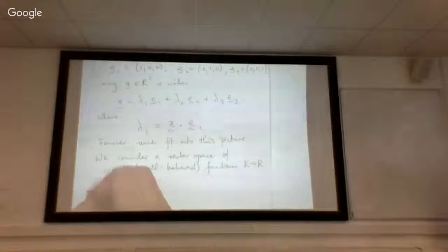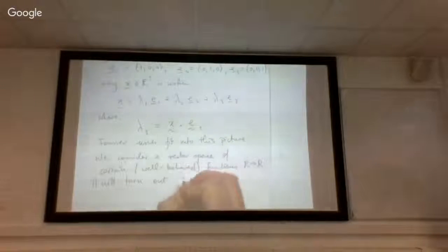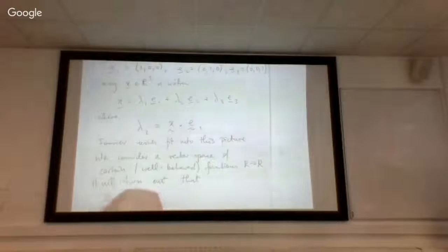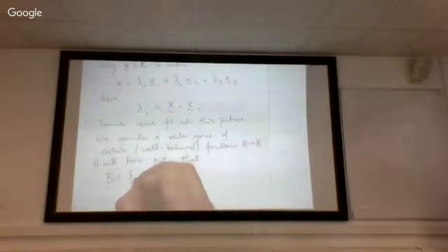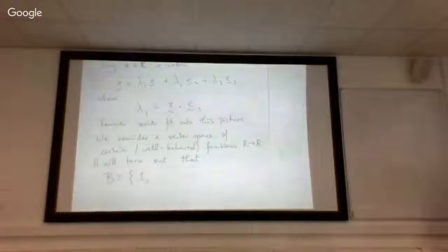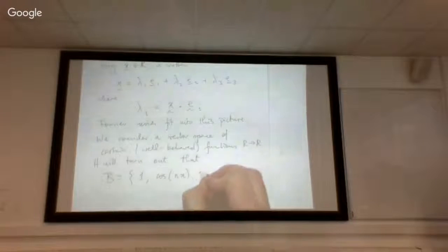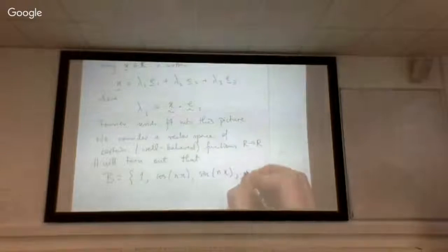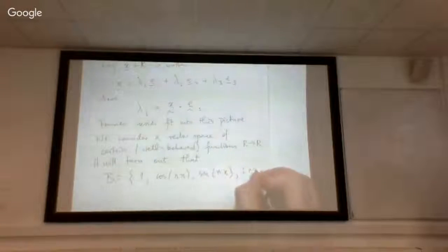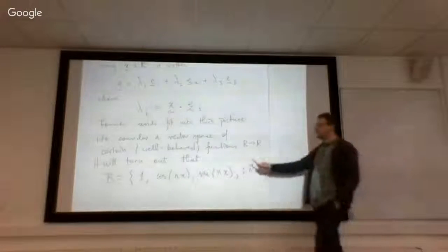It will turn out that this vector space has a basis. This basis is going to be this set I'll call B for the moment. It consists of the constant function 1 and an infinite collection of sine and cosine functions. So there's this set B of functions.